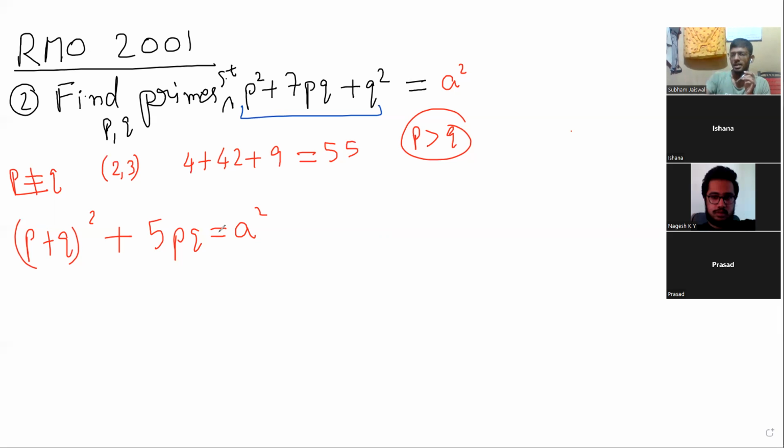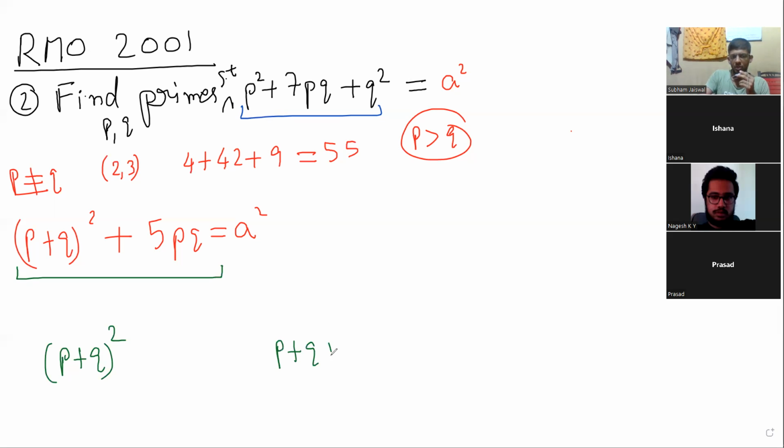the other thing that I'm thinking is why this will not be a perfect square is that this thing seems very close to a square, right? So look at the number line. There is this P plus Q whole square. Where is the next square? It is P plus Q plus 1 whole square. And the next one is P plus Q plus 2 whole square and so on.